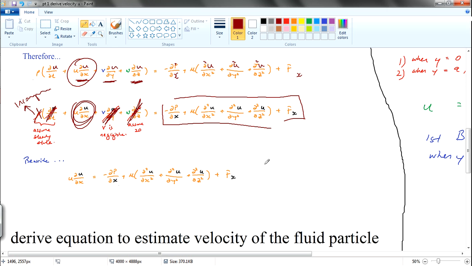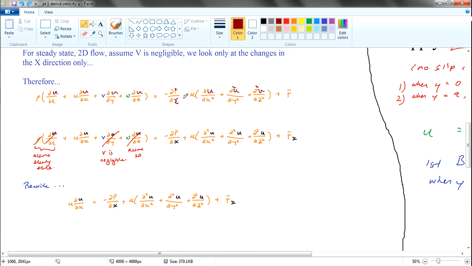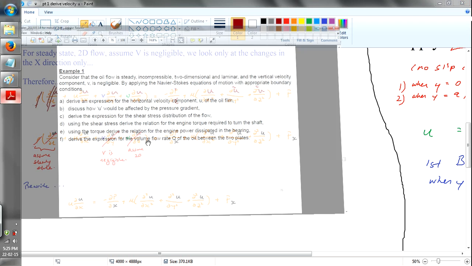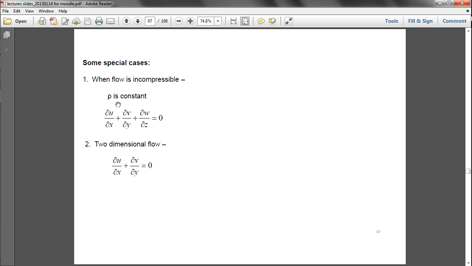Hold on, let me repeat the whole thing again. For steady state, we cancel away the time. This is the rate of change of the velocity, the acceleration, which we cancel. And then for incompressible fluid, the density is constant. It's all back in your notes.